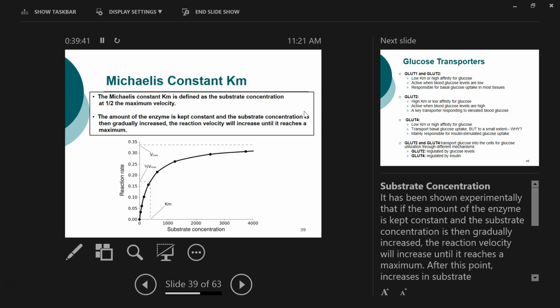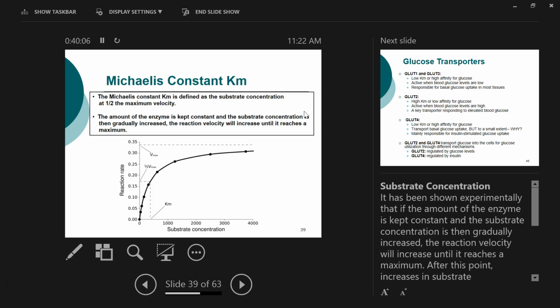So the Km is actually defined as the half of maximum, how much substrate is needed for the reaction to reach half of the maximum speed. Does that make sense? Right.